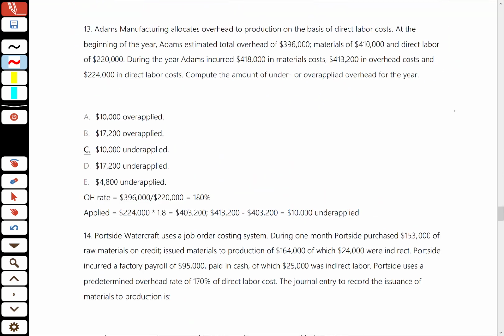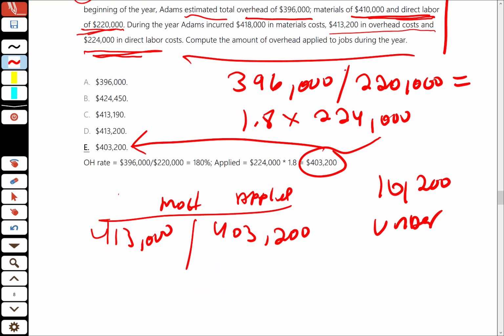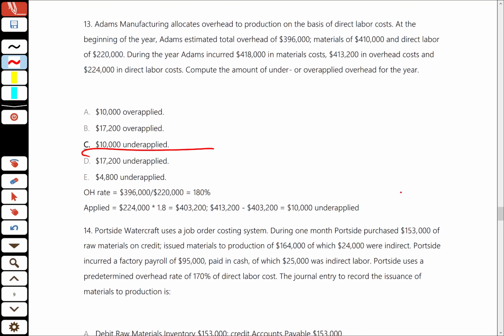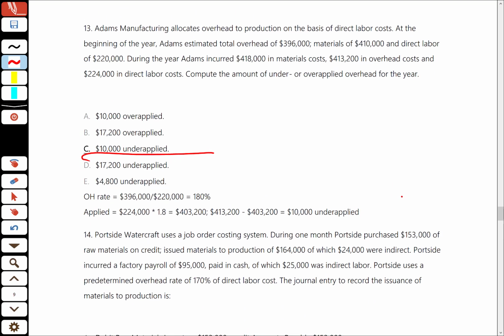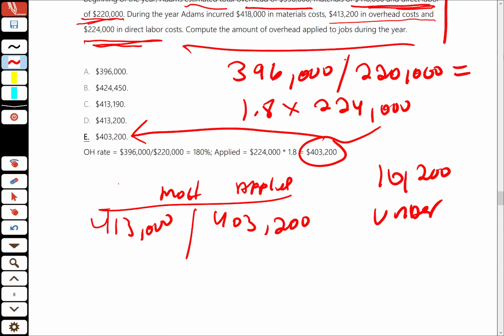Which actually is the answer to the next question, isn't it? Same facts? Same facts. Rolls over to the next question. Yes, sir. I would credit 10,200. Why am I saying 10,200?